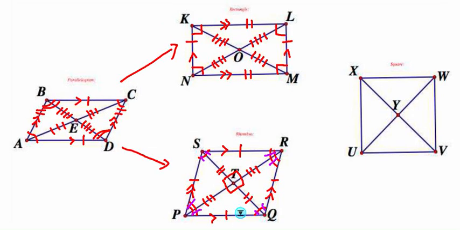Okay, and so now we move to our square, and the square by definition is a quadrilateral with 4 equal sides and 4 equal angles, and this means that by definition a square is a rectangle and a rhombus combined, which means a square has all of the characteristics of a parallelogram, a rectangle, and a rhombus.